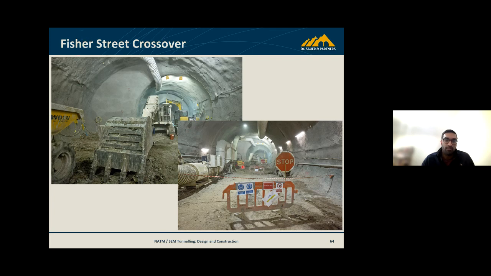So definitely something that is more flexible using the SEM technique, and definitely creates a lot less disruption to what, especially here, was a very, very busy, congested urban environment.